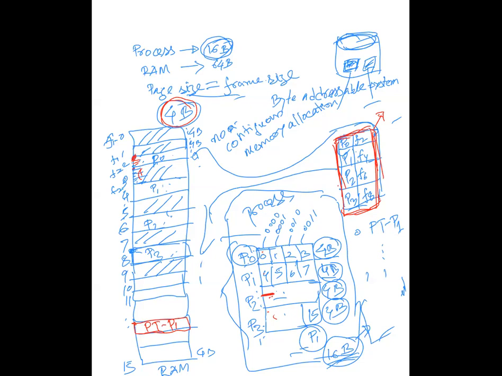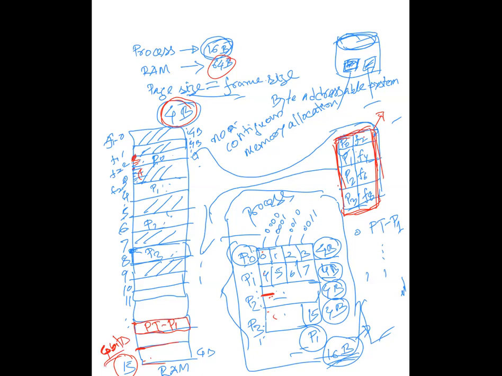For simplicity, consider a total of 16 frames for 64 bytes. To address these 16 physical locations, how many bits do we need? We need 4 bits. You know this already. We need a total of 4 bits for addressing the 16 locations.